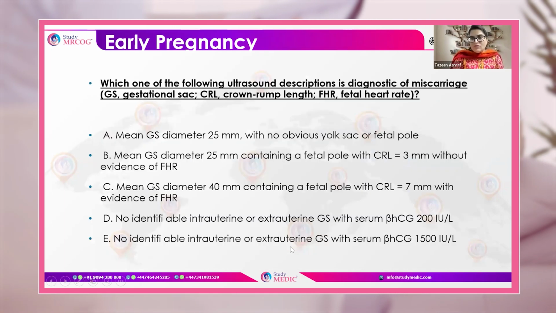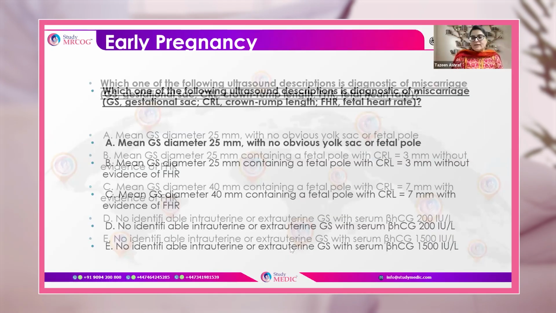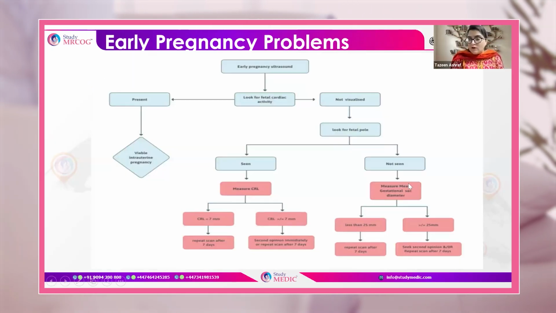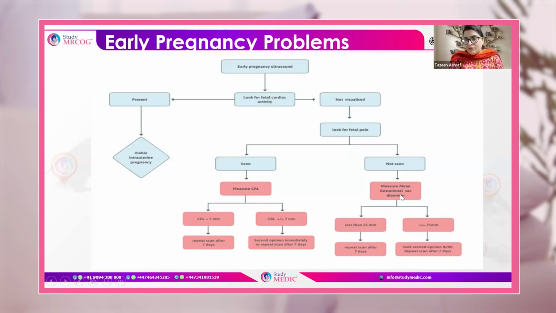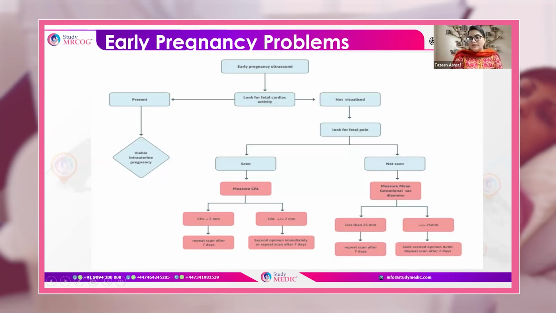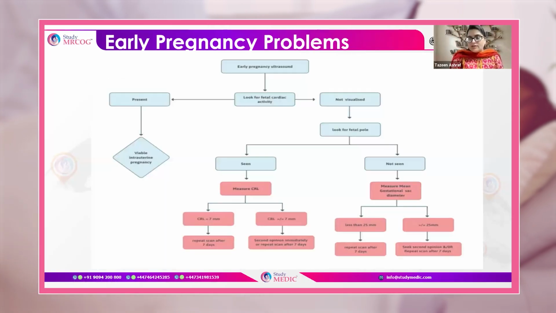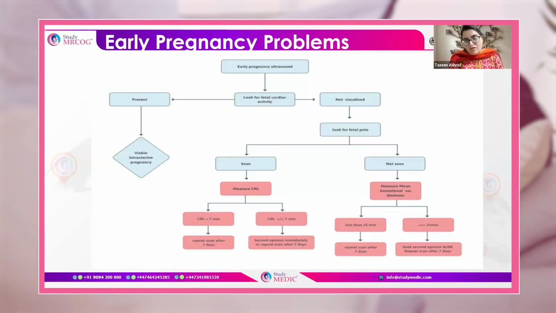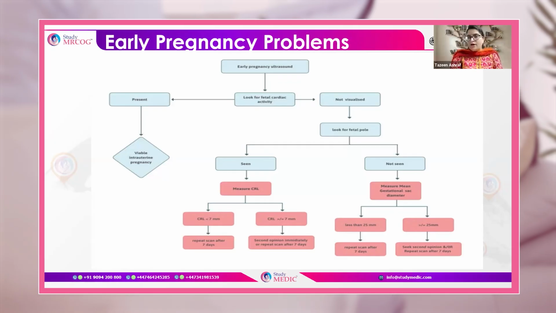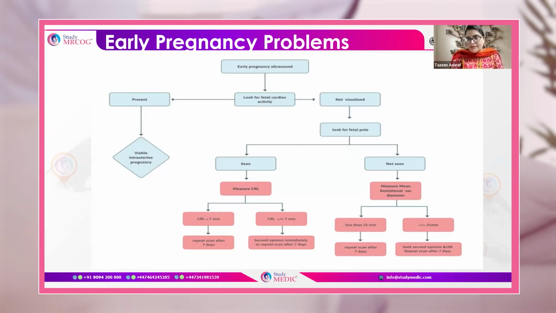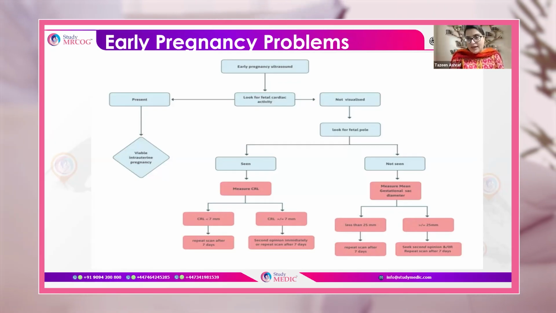In the same way, we will have a look at the fetal pole, and if the fetal pole is not seen, we will have a look at the gestational sac. If the gestational sac is less than 25 mm and no fetal pole is seen, we can repeat the scan in 7 days.